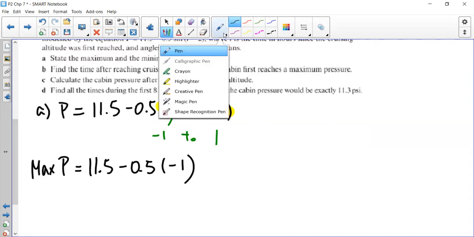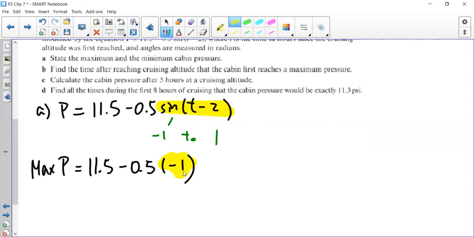So I'll substitute the yellow part with a -1. If you don't know what I'm trying to say, try to sub in 1 as well instead of -1 in the yellow bracket. You'll get a smaller value. That will be the minimum value of P, which is actually what we need as well. We need maximum and minimum. Anyway, maximum is 11.5 plus 0.5, so that's 12 PSI.